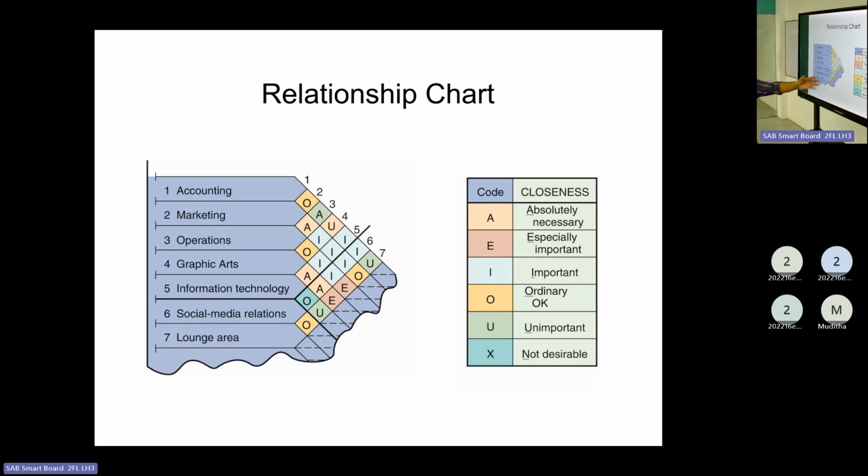Based on expert opinions, the necessity of closeness is summarized and shown here. That information is then used to locate or relocate departments within the building. Clear? When we don't have numbers, but only the judgments of experts about location.